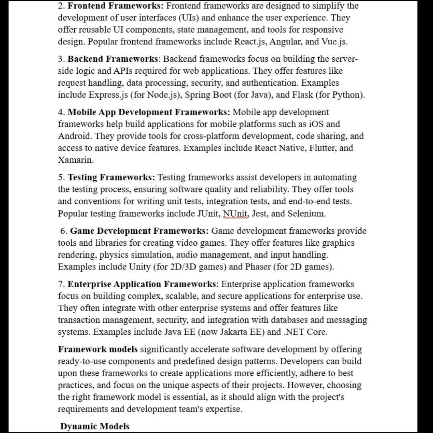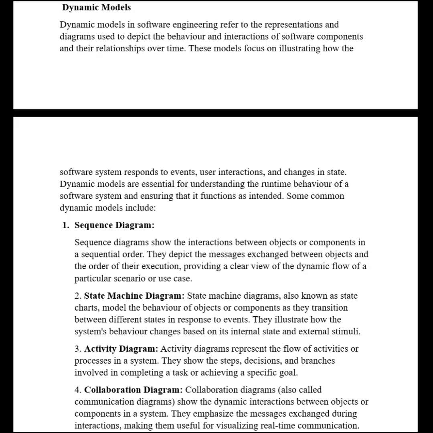Process model. Process models describe how software is developed step by step, the life cycle or approach a team follows. Common models include: waterfall model, linear and sequential, one phase at a time. Agile model, iterative and flexible, adapts to user feedback. Spiral model, risk based and iterative, combines design plus testing cycles.